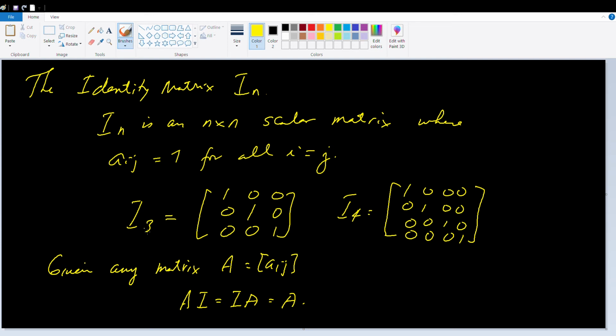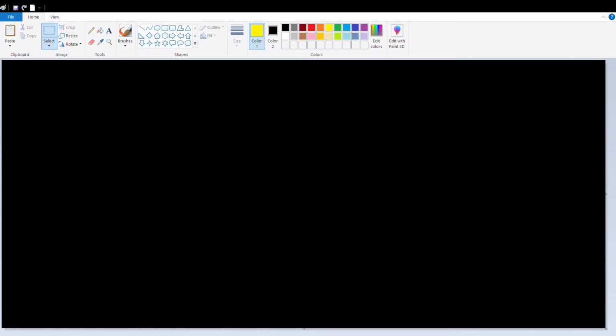So that is the definition of the identity matrix. It is a matrix such that when you multiply it to any matrix A, or any matrix A is multiplied to that matrix I, the result is equal to the original matrix. So let us have an example.